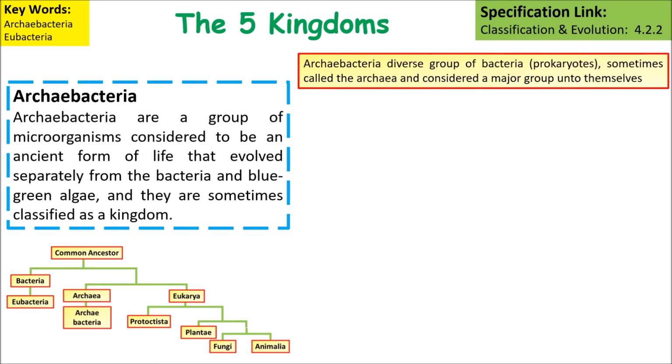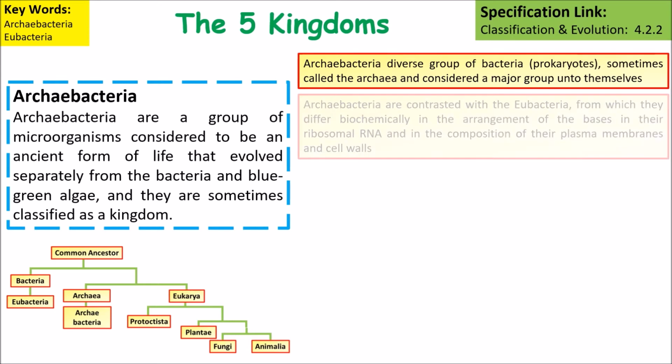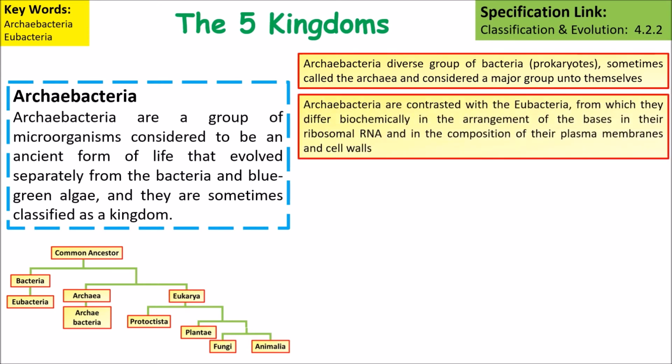Archaeobacteria are a diverse group of prokaryotes, sometimes called archaea. They are contrasted with eubacteria, from which they differ biochemically in the arrangement of bases in their ribosomal RNA and the composition of their plasma membrane and cell walls.